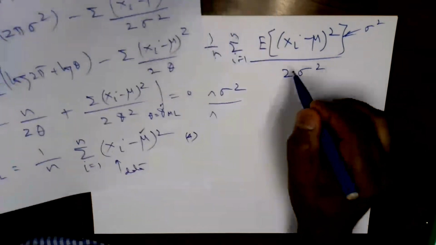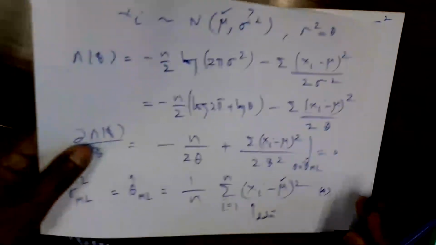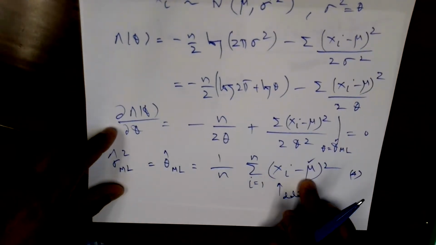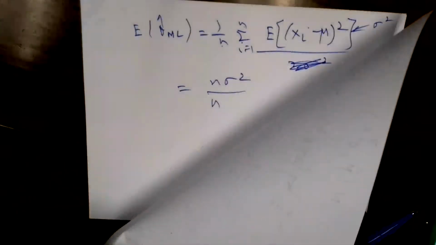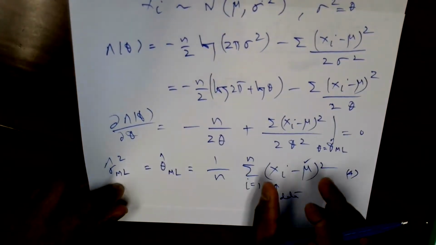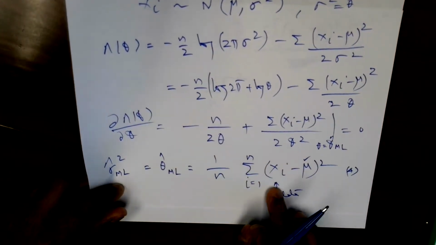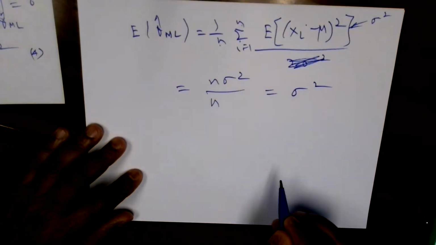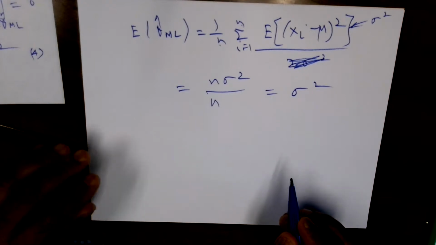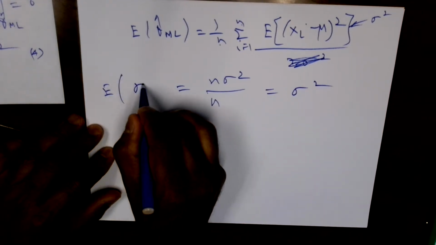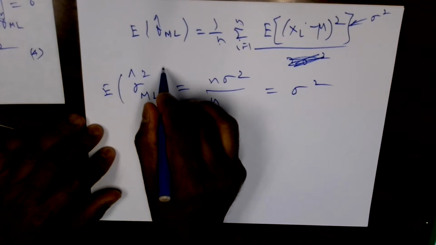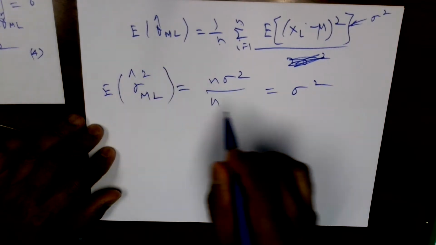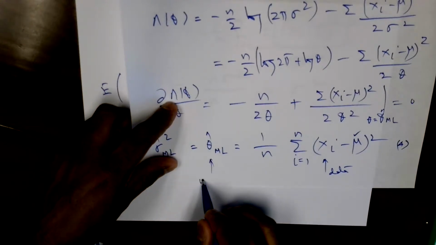Notice that this is the estimator, so I'm just taking the expected value of this, which is n sigma squared over n. So that's going to be sigma squared. So the maximum likelihood estimator for sigma squared is unbiased. In other words, this estimator is also unbiased for sigma squared.